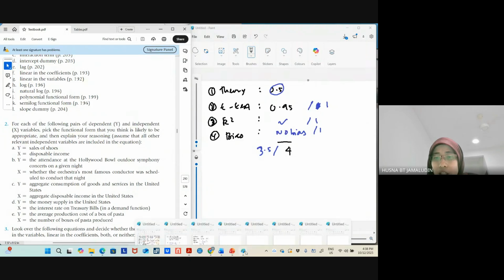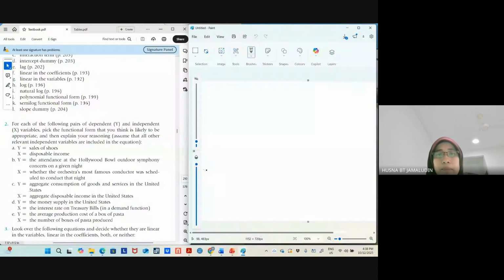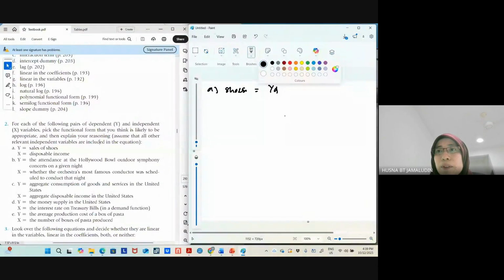Now, y is your sales of shoes, and it's a function of disposable income. So what will be the functional form? Is it lin, lin-log, log-lin, log-log, quadratic? What will be the functional form, do you think?